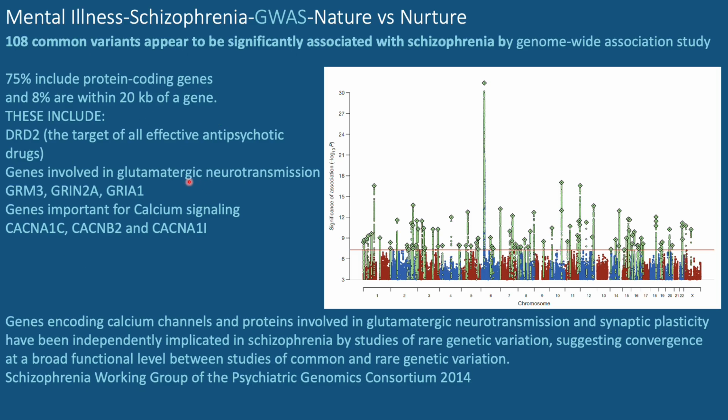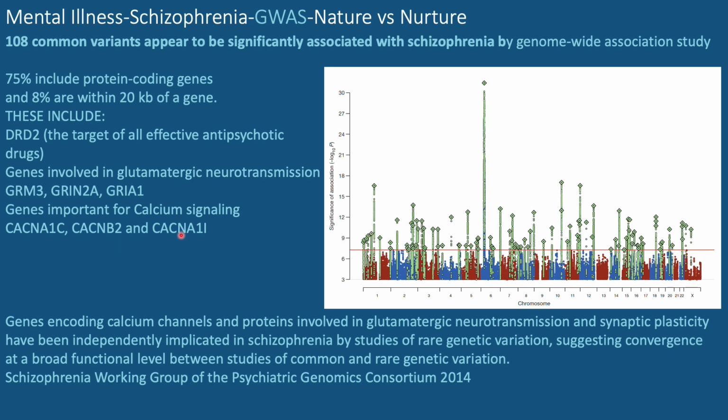Among the variants, there are important factors that we know are essential in the central nervous system. DRD2, for example, the receptor for dopamine, an important neurotransmitter affected in schizophrenia.